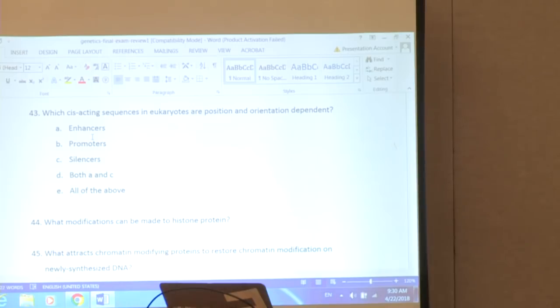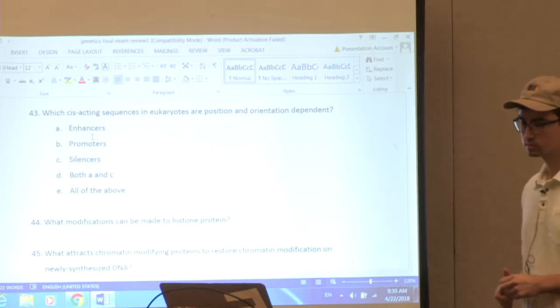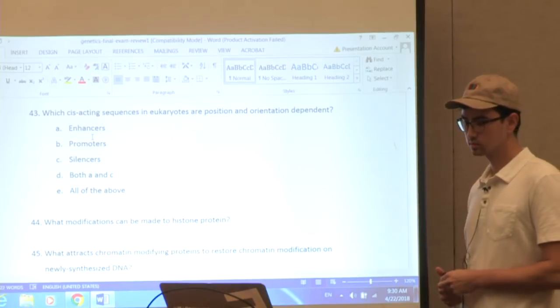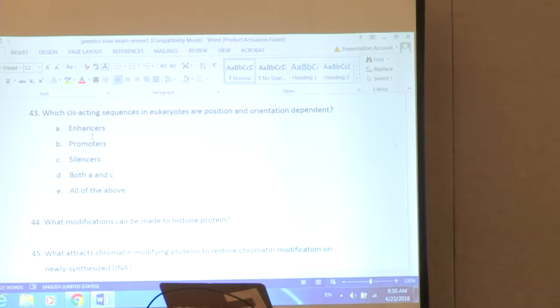So what attracts chromatin modifying proteins to restore chromatin modification on newly synthesized DNA? So we're thinking about chromatin now.